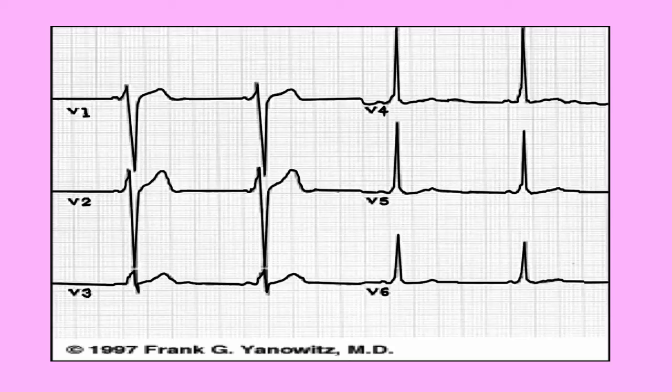If you look, for example, in V5, maybe the last beat toward the right, you see the P wave going right into a slurring QRS complex that's coming up and kind of slanted, and that's a delta wave. So that's an example of WPW.